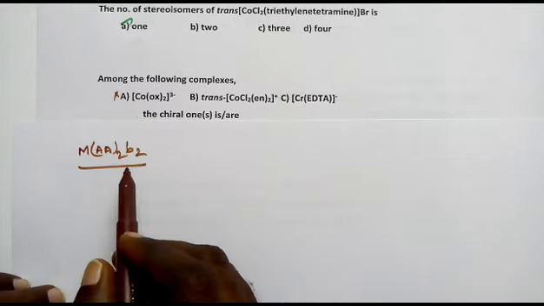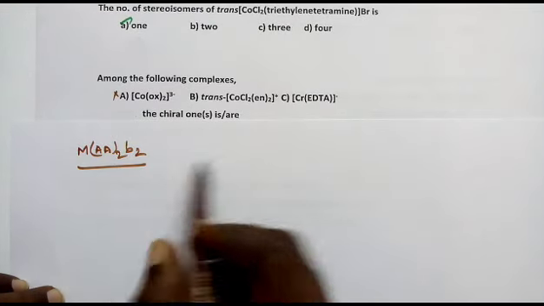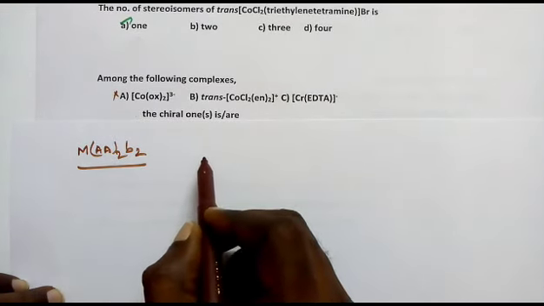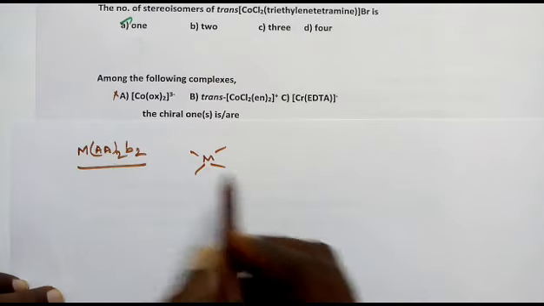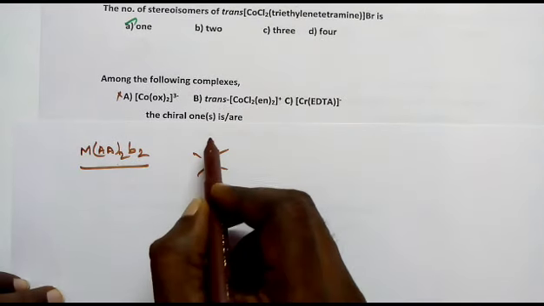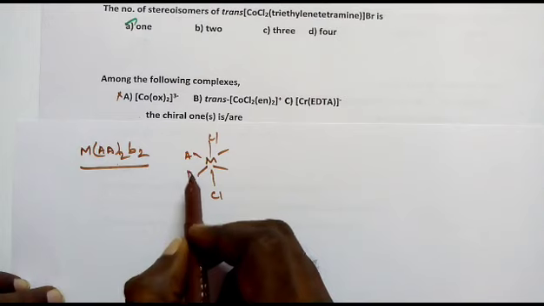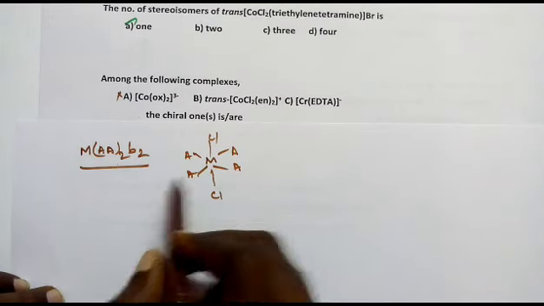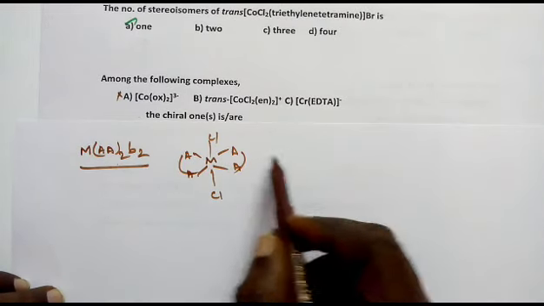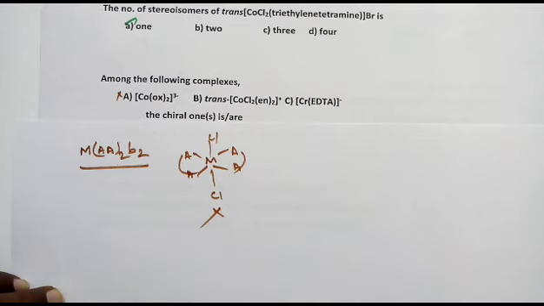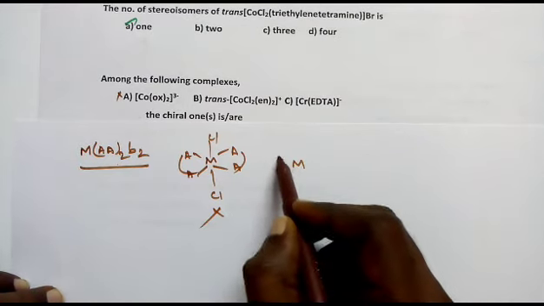So we have already seen that this has cis and trans, but out of that, trans is optically inactive. Chlorine, chlorine, AA. See, this is trans, this is optically inactive, but the cis one is optically active.